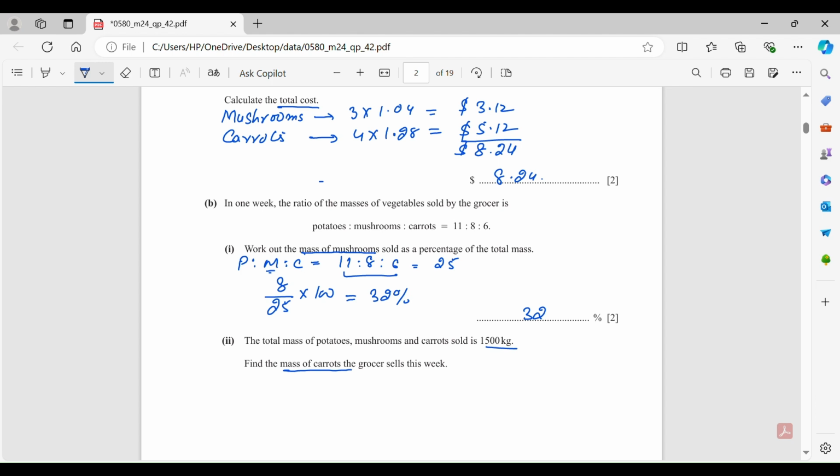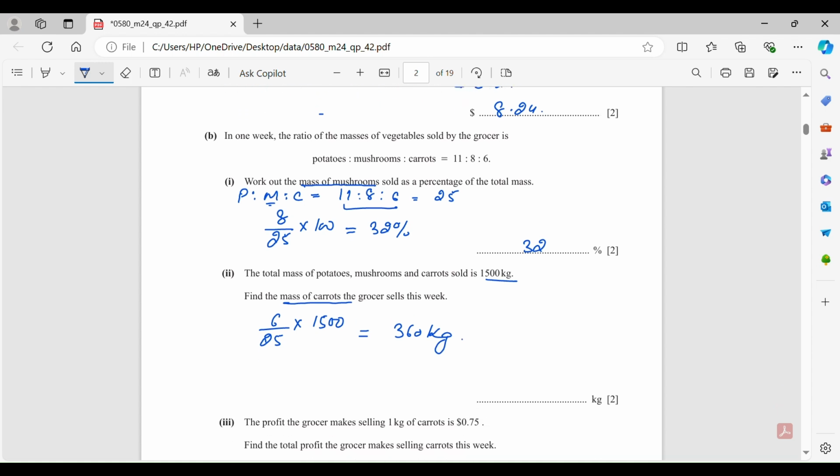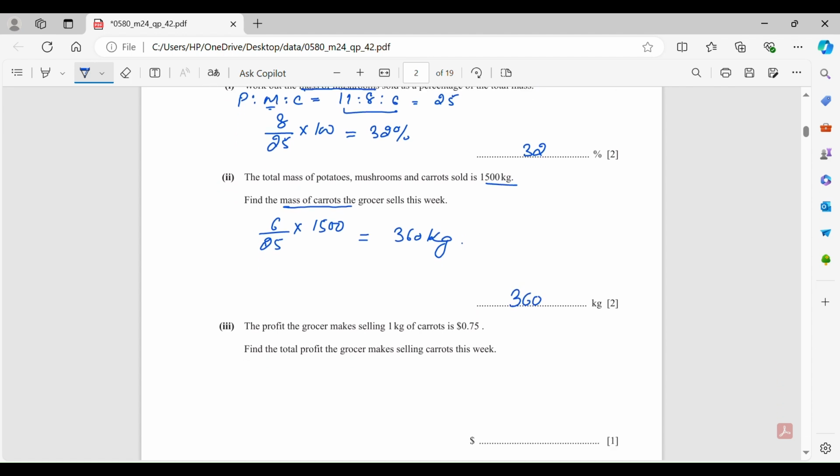So the mass of carrot will be 6 by 25 of the total mass, times 1 by 500, which is equal to 360 kg. So our answer is 360 kg.